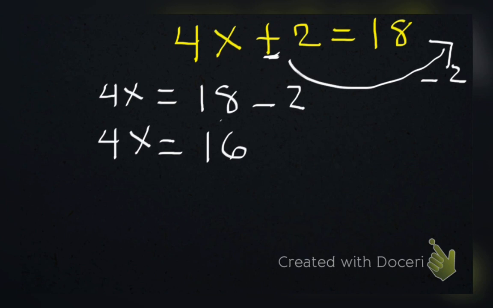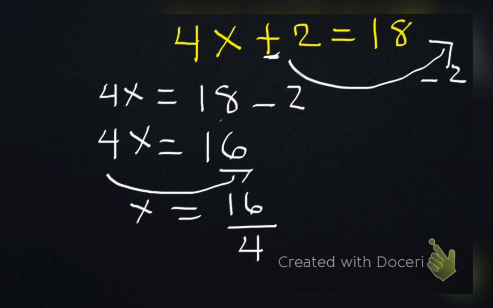So the inverse of multiplication is division. So to do this, to get x by itself, let us divide 16 by 4. So 16 divided by 4, or x equals 16 divided by 4.